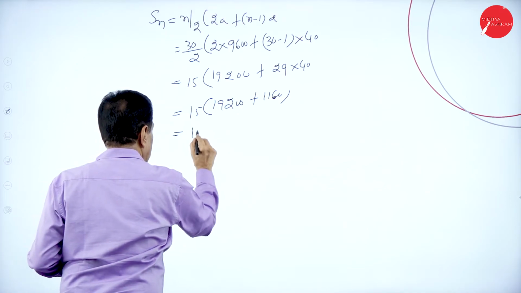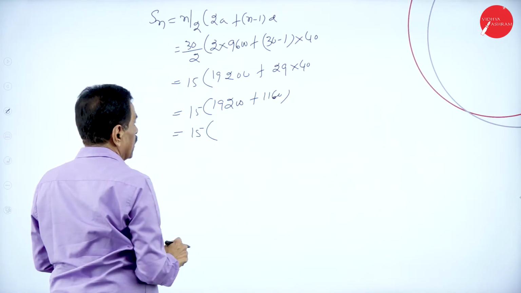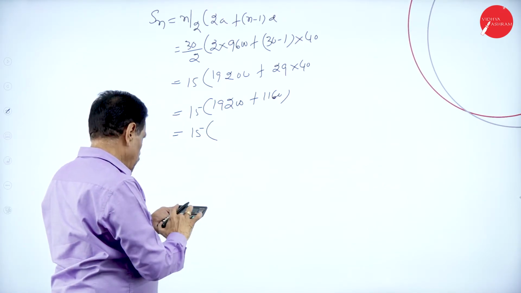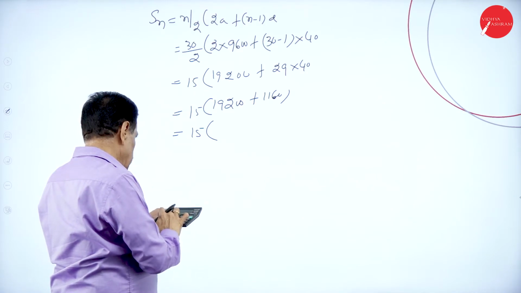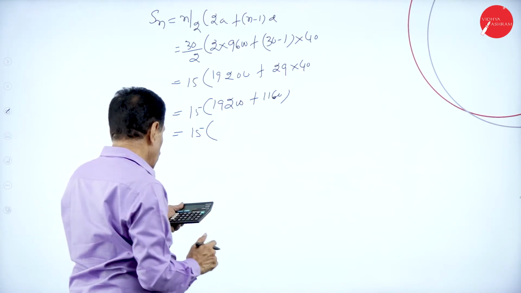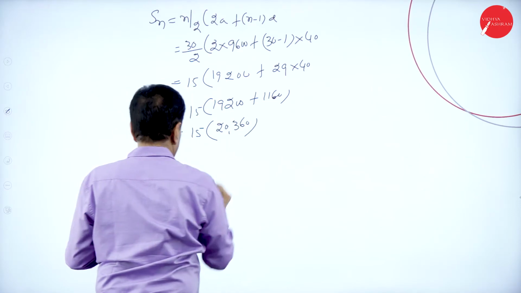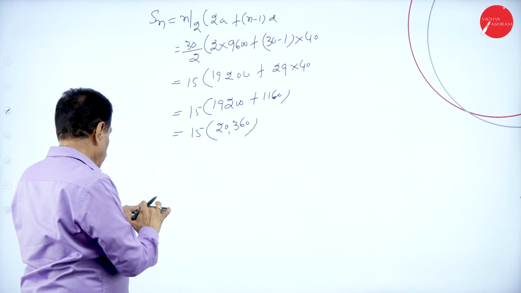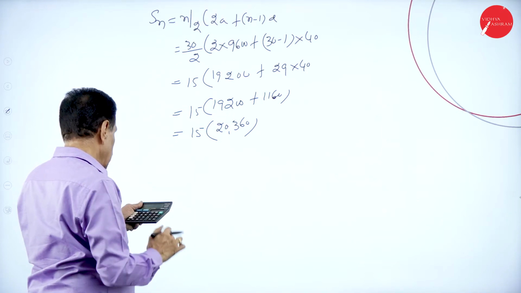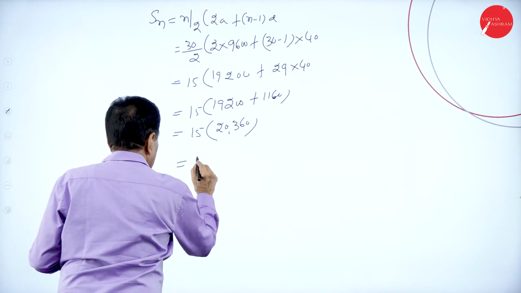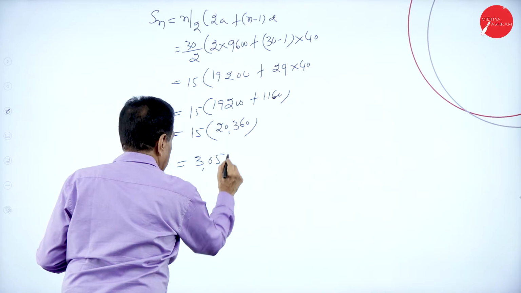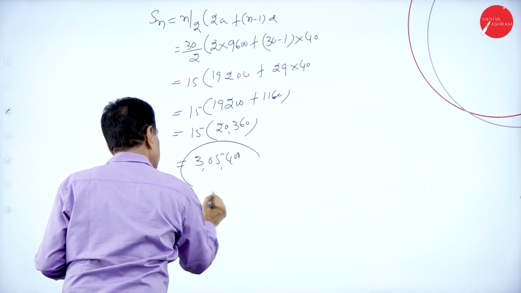So 15 into 20,360 is 3,05,400 contribution.